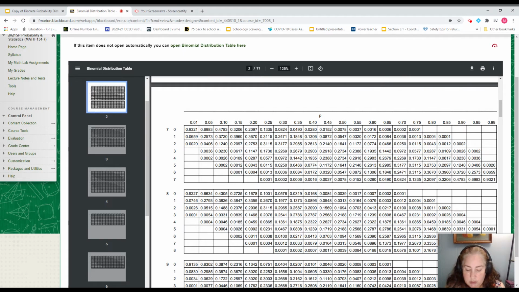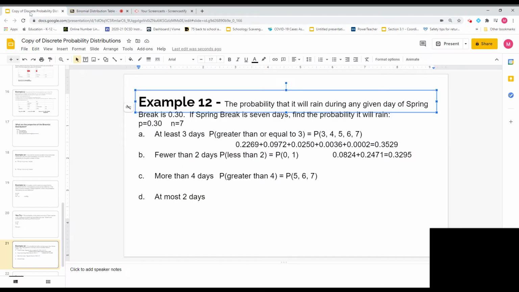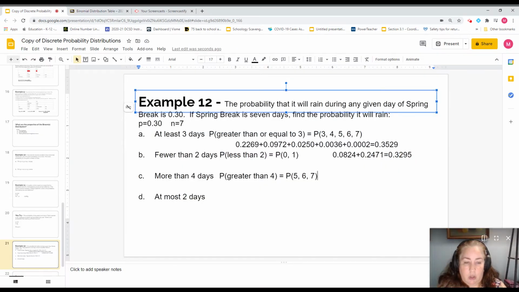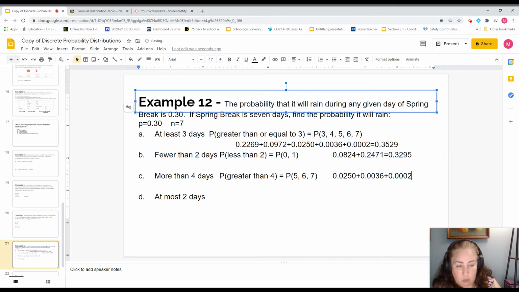So we're going to add 0.0250, 0.0036, and 0.0002. And we get 0.0250 plus 0.0036 plus 0.0002, and that's equal to 0.0288.